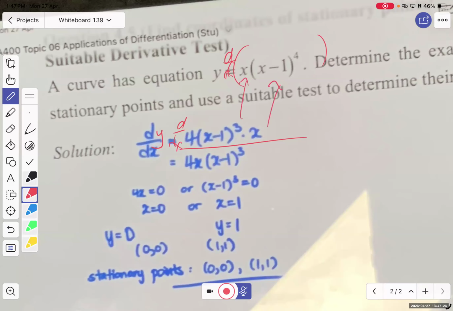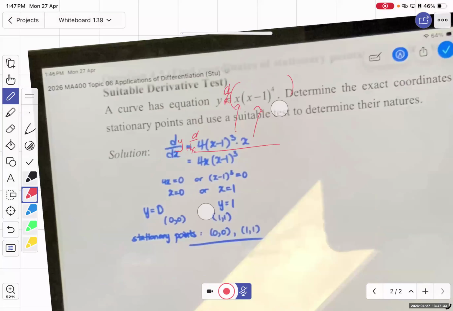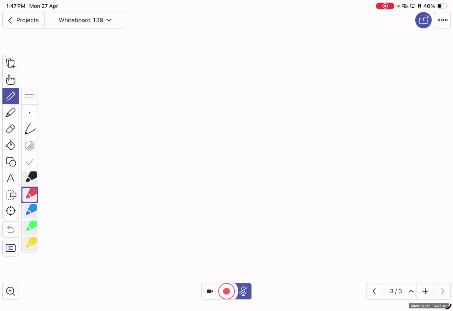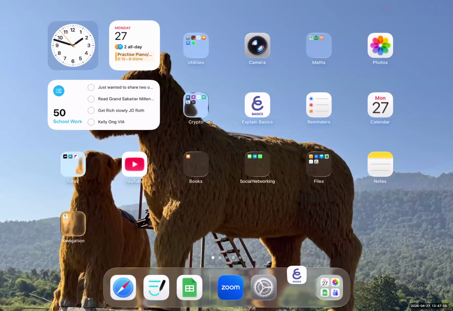If that is too much for you, you can use the first derivative. That's all. When it's easy to differentiate a second time, then I will use the second derivative.